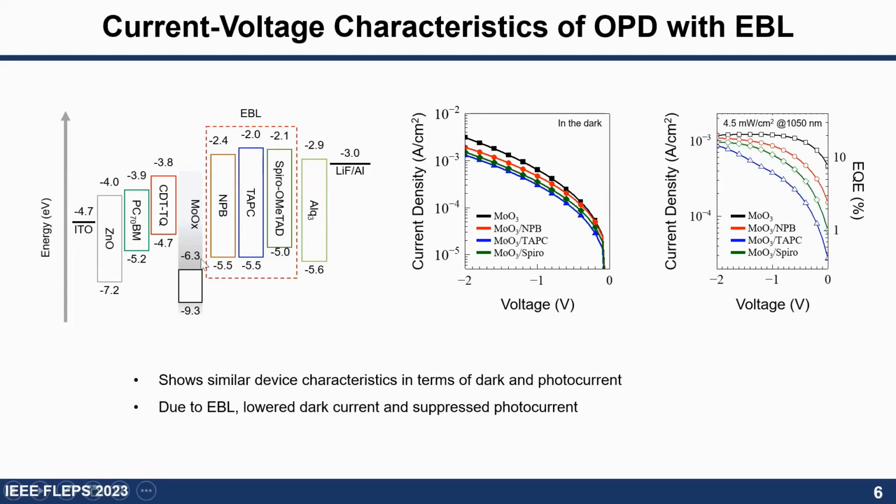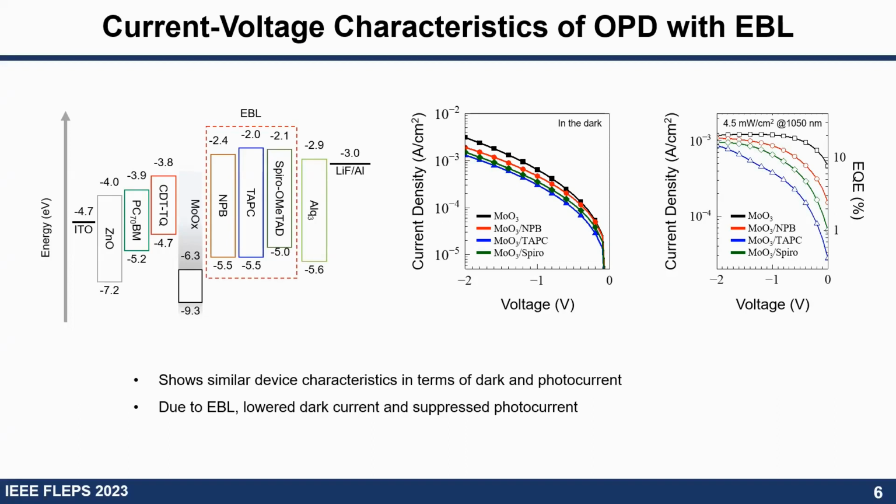Based on the energy levels, these three electron blocking layers have similar LUMO level and similar HOMO level. So the dark current shows similar device characteristics.